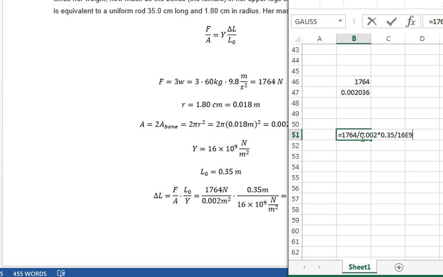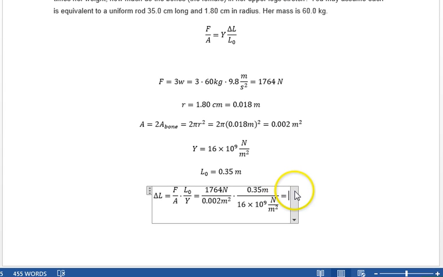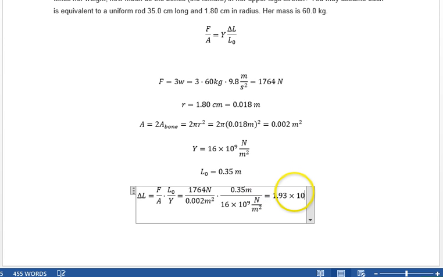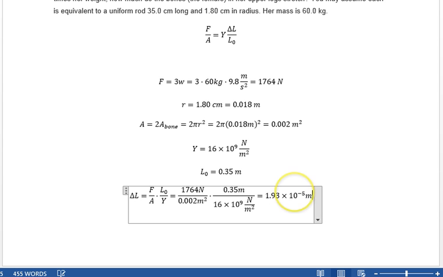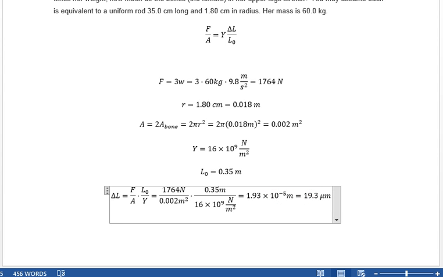And all of this works out to be 1.93 times 10 to the minus 5th meters. And that is 19.3 micrometers or microns. A micron or a micrometer is 10 to the minus 6th meters.